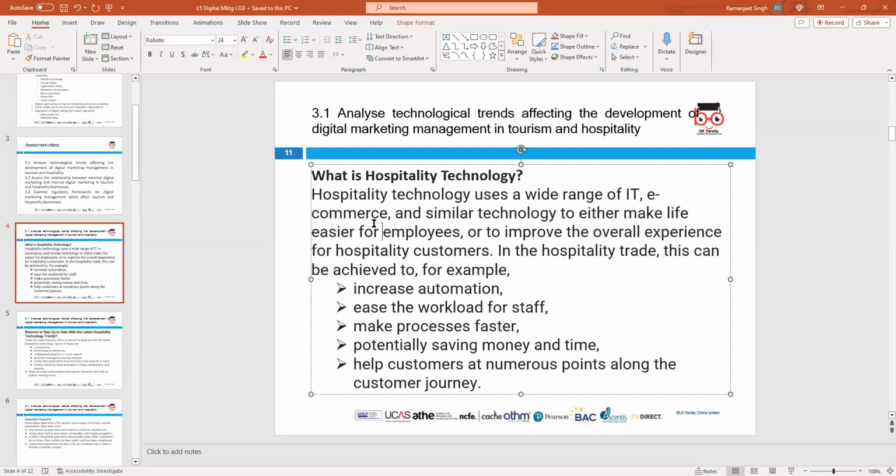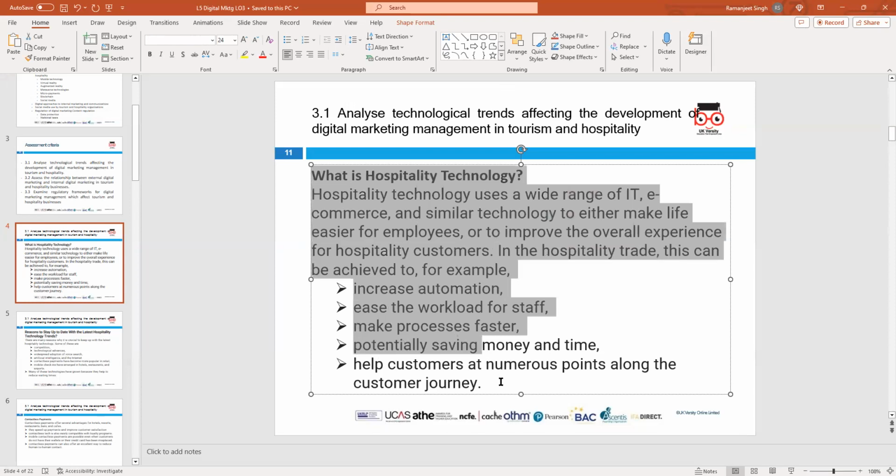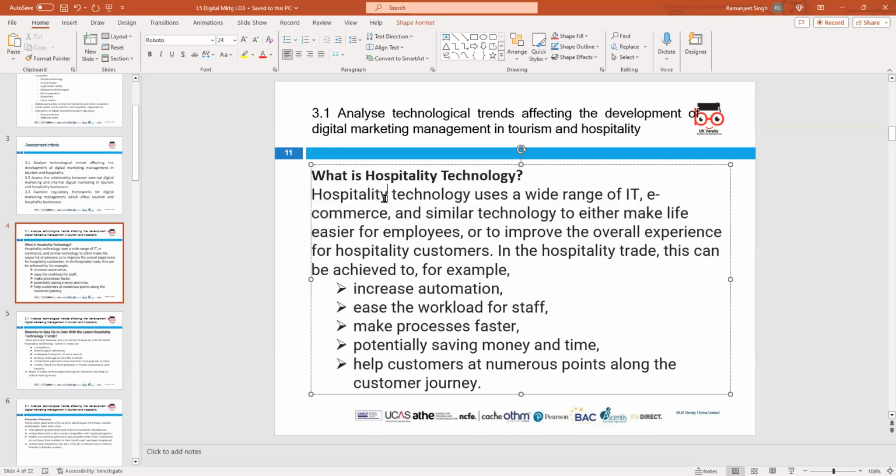Let's look at the first one, 3.1, the technological trends. What do you understand by technological trends? Any ideas? Over the years, the use of technology has transformed every corner of society, correct? Particularly in the last 20, 25, 30 years.